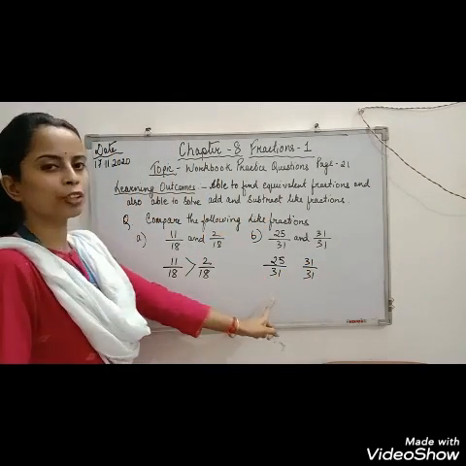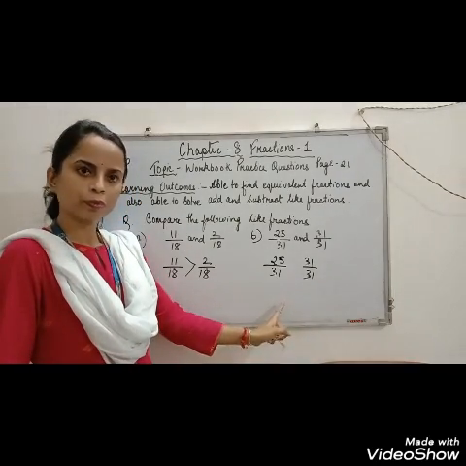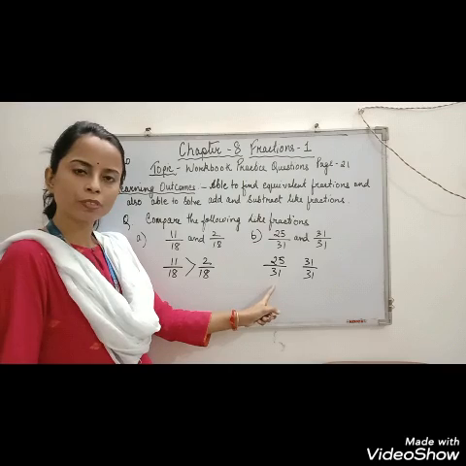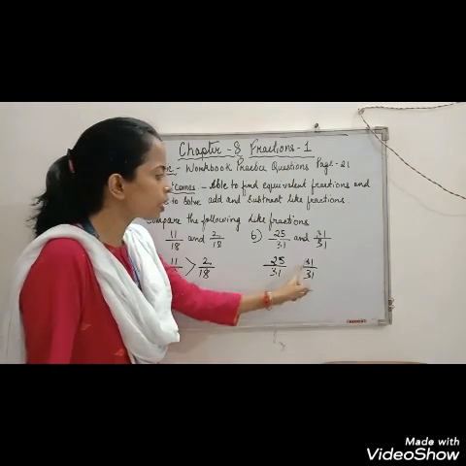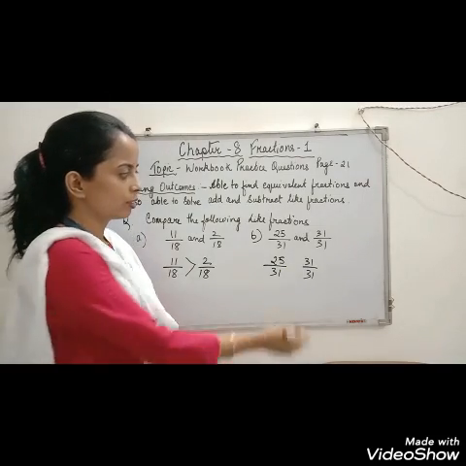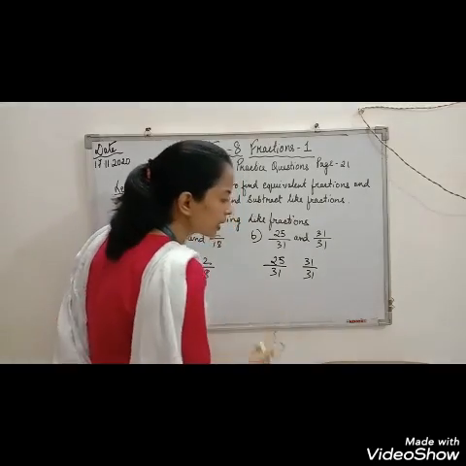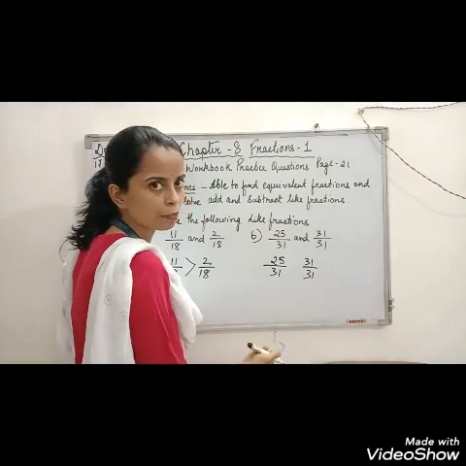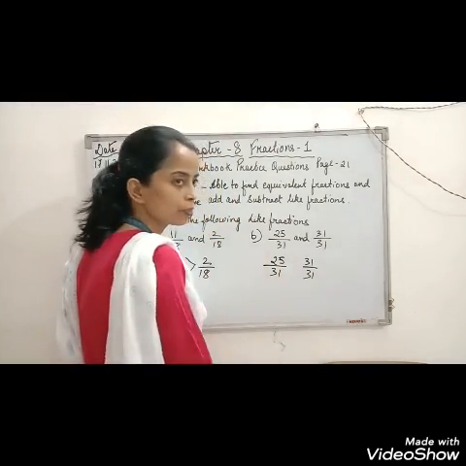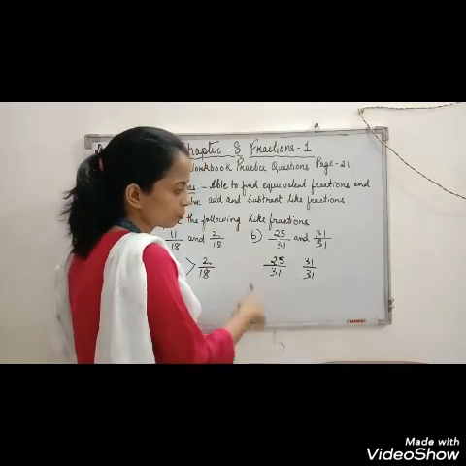Next, 25 by 31 and 31 by 31. Now, how are you going to compare? These are also like fractions. The denominator is same, so we have to see the numerator.